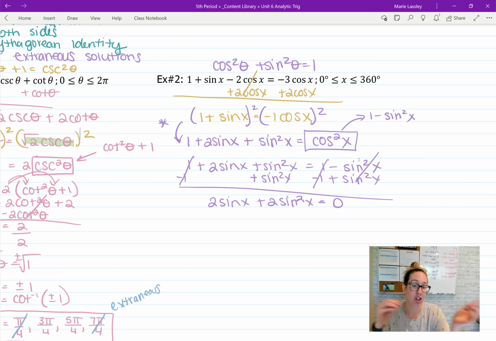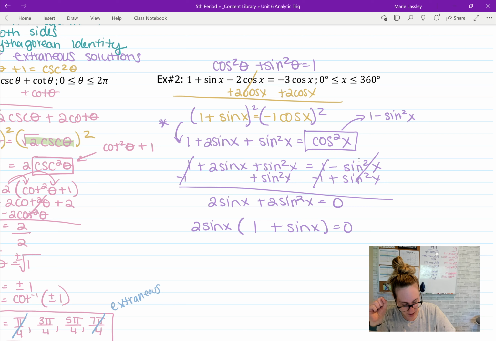So we're going to pull out a greatest common factor of 2 sine x, and that's going to leave us with 1 plus sine x equals 0. So we GCF'd, we took out 2 sine, and we were left with, in parentheses, a 1 plus a normal sine x. From here we're going to take each piece, set it equal to 0, and solve for x.